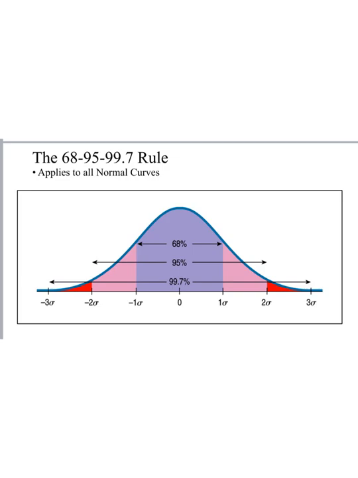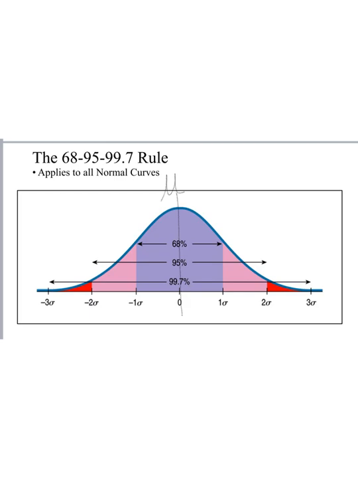The 68, 95, 99.7 rule is also known as the empirical rule, and it applies to all normal curves. So note in this picture, this middle 0 just represents the mean. And the 0 means I'm 0 standard deviations away from the mean.